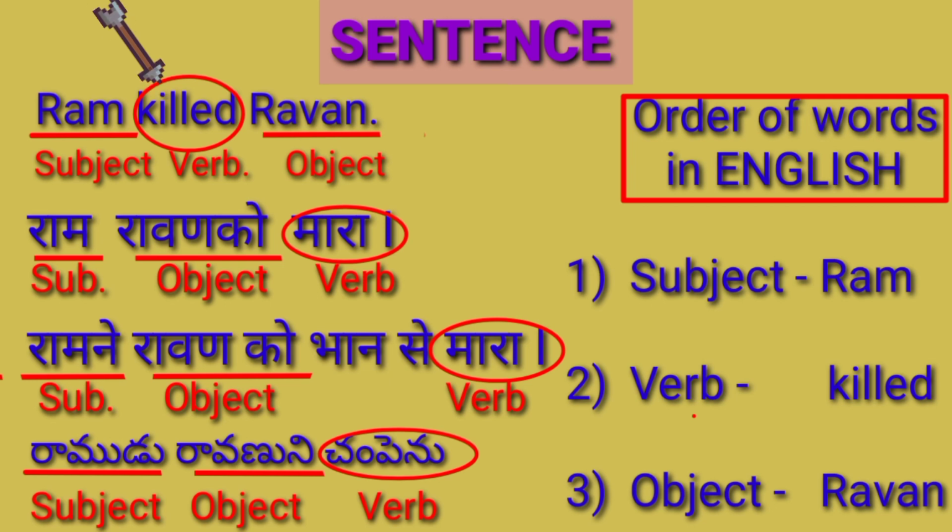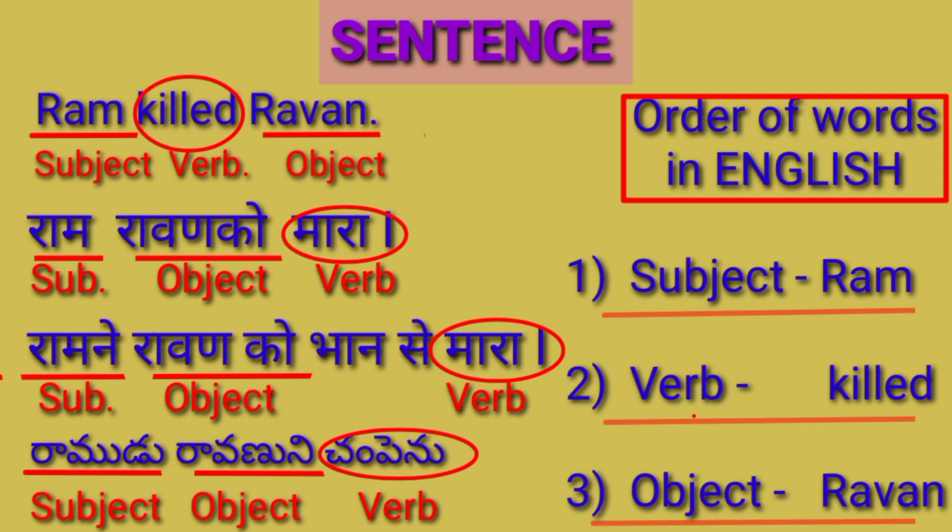When we want to say or write out about somebody or something, we start with it, that is subject, continue with its action, that is verb, and then the receiver of the action, that is the object, like in Ram killed Ravan. With some practice of the process, you can be very good at English language.